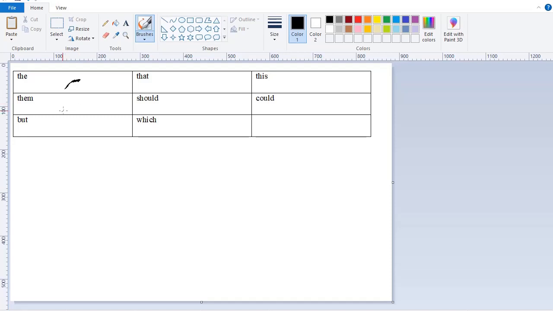Them is represented by TH and M. But is represented by B and T. That is represented by your TH and A. Should is represented by your SH and D. Which is represented by your CH. And then this is represented by your THS.